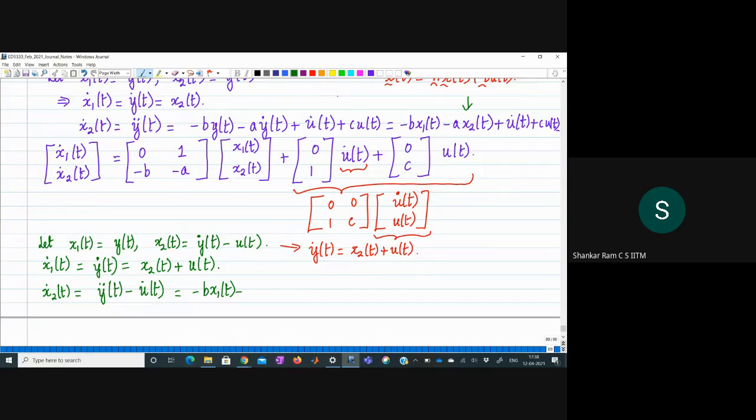We have already got the expression for y double dot, so I'm just taking from there. How did we get the minus u dot(t)? Because our definition of x2 has a u, right? So if I differentiate x2, I get a u minus u dot.